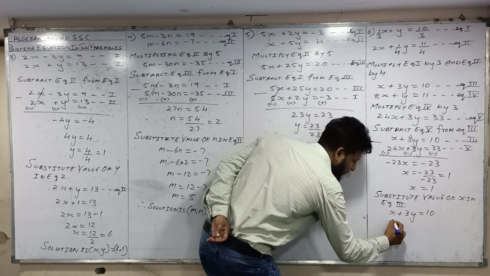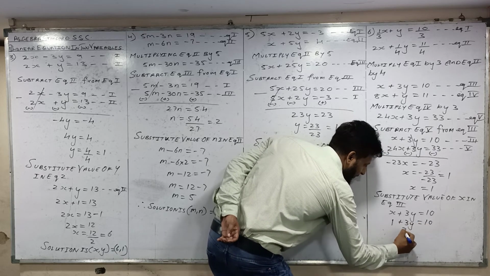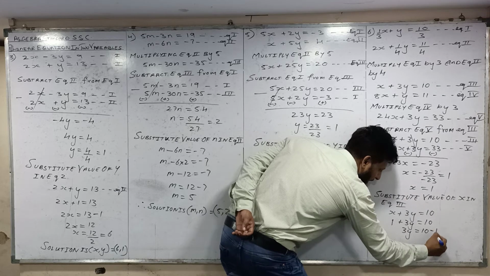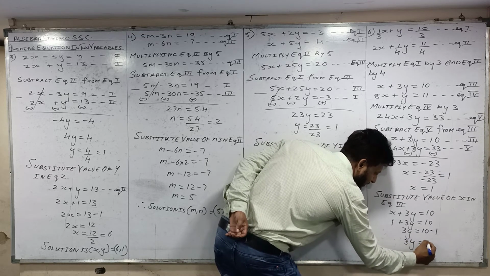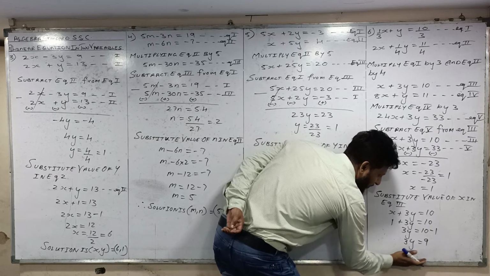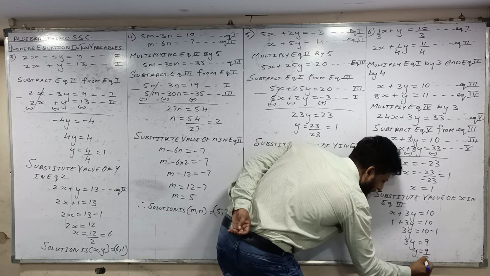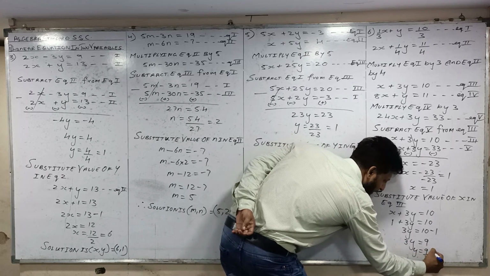So x value is 1, plus 3y is equal to 10. 3y as it is, 10, plus 1 will come here minus 1. 3y is equal to 10 minus 1, 9. So y is equal to 9 upon 3. 3 will come down. 3 ones are 3, 3 threes are 9.